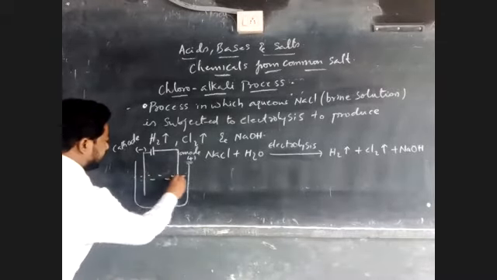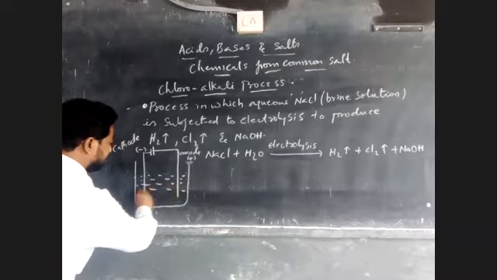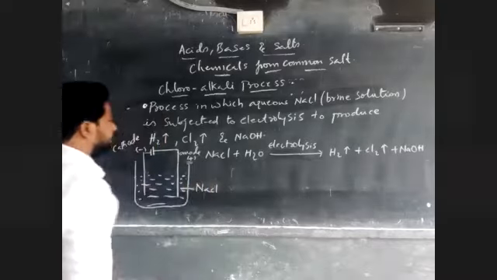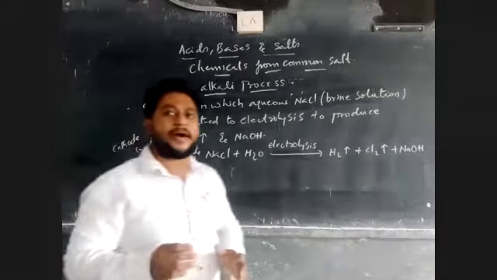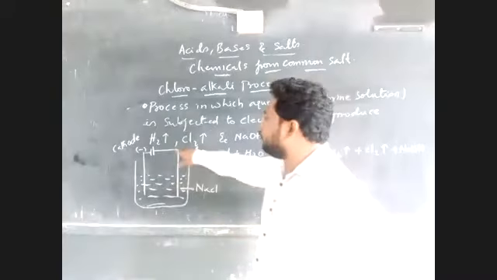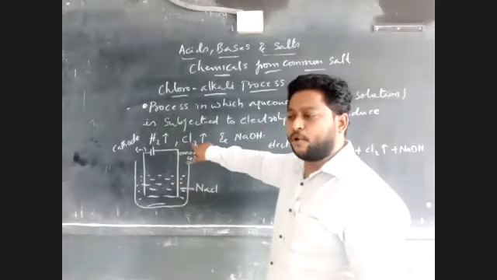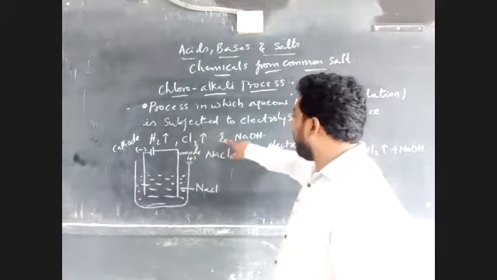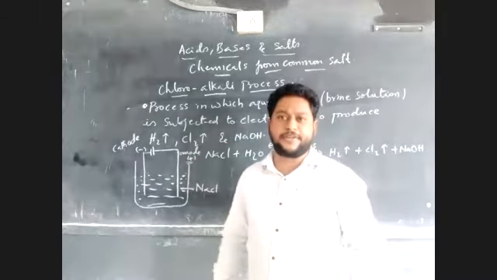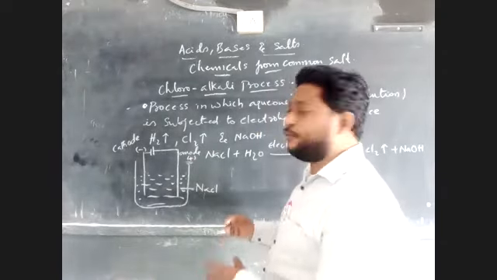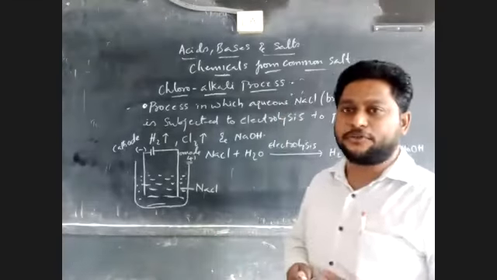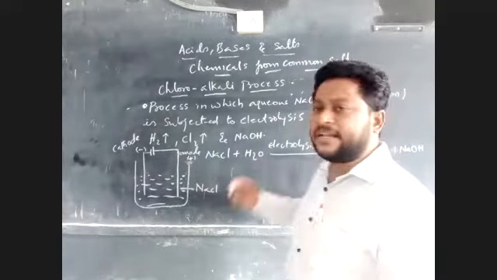Next, we place the brine solution in it. So when electricity is passed through this brine solution, what is going to happen? Evolution of hydrogen gas, chlorine gas, and NaOH takes place.